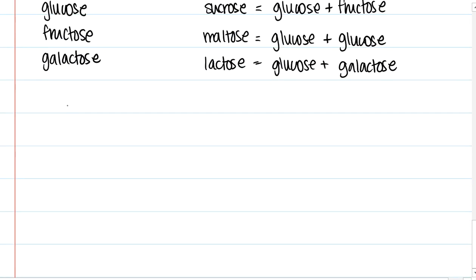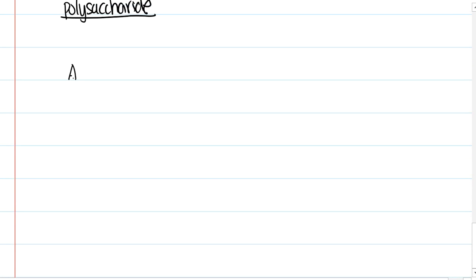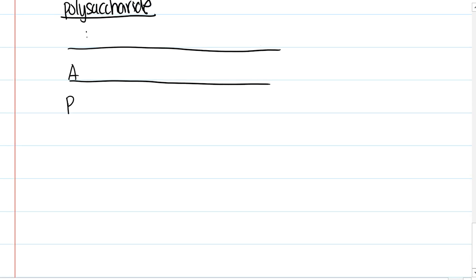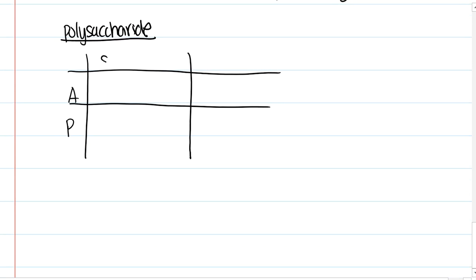Let's talk about polysaccharides. So polysaccharides, for the first time, we are now going to be actually gaining some real function. But remember, guys, animals and plants are a little bit different. The 2 types of function that we like to memorize for polysaccharides are structure and storage.